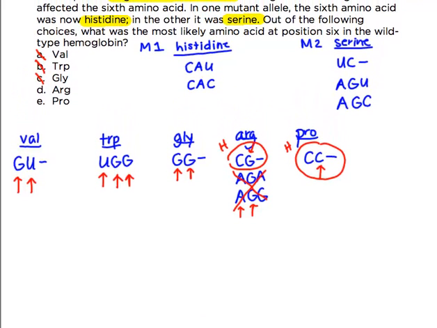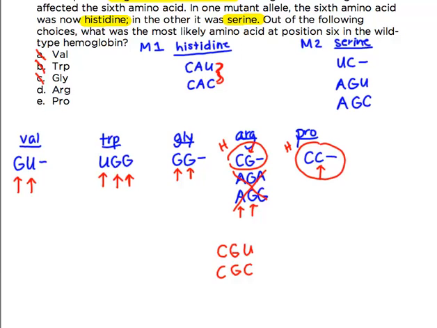So if arginine was able to mutate into histidine with only one mutation, that means that the arginine codon would have to be either CGU or CGC, because the third nucleotide in histidine has to be either a U or C. So we're going to write that these are the only possibilities, because remember, we only have one base substitution to work with here. So if these are the possible amino acids, can any of these be converted with one base substitution into a serine?